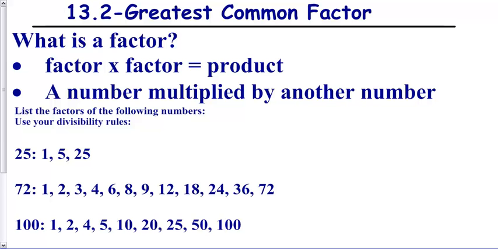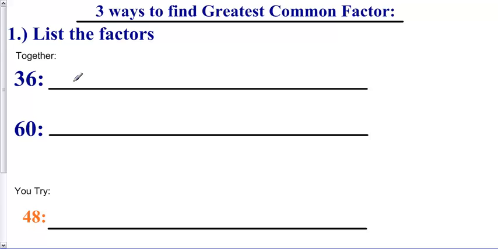Now that we know what factors are, let's find out how we can list the factors. We're going to do 36 and 60 together, and then you're going to be off on your own. First and foremost, remember we always start with 1 and 36.